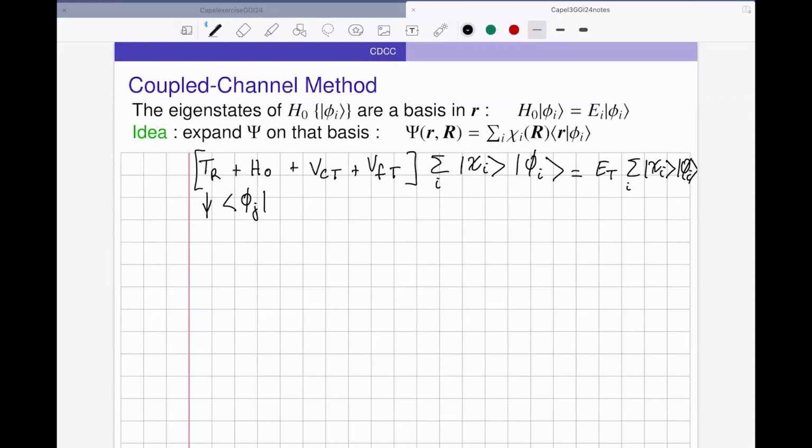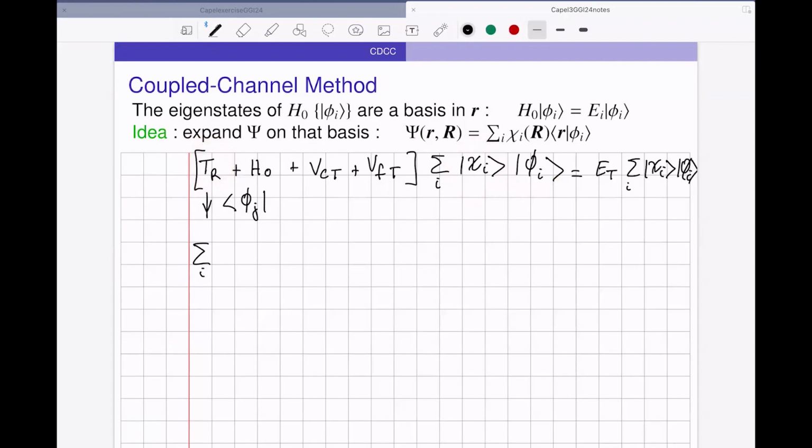So I will look at each of the different terms. What I will have is a sum over i. Of course, the kinetic term here acts only on that function, not on that function. It does not act on little r.